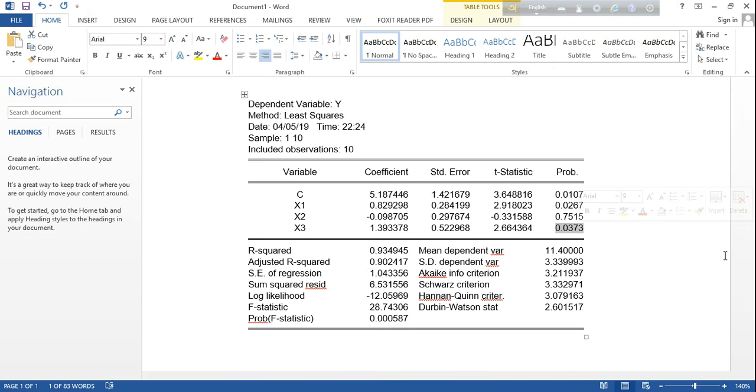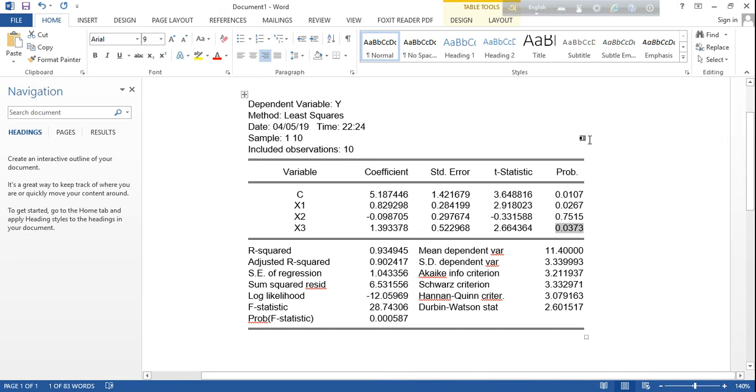So from here, by interpreting the probability values or significance of the independent variables, we can say x1 and x3 are the significant variables. Those determine y in a significant way, and x2 is insignificant here.